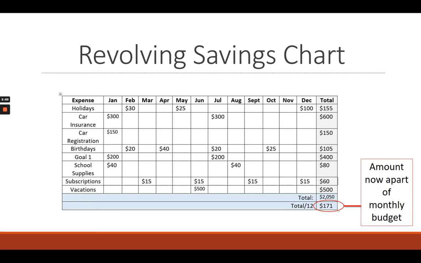The expenses are then added all together and divided by 12. In order to pay for all of the expenses in our example, I would have to save $171 a month. This amount is now a part of my monthly budget.